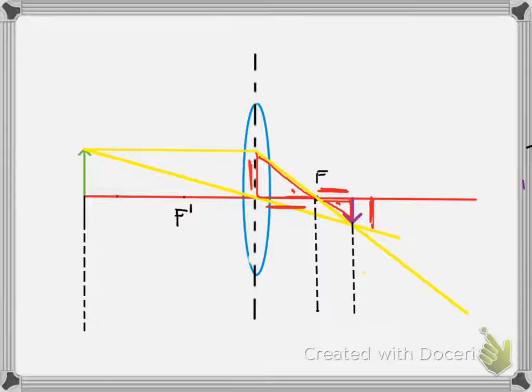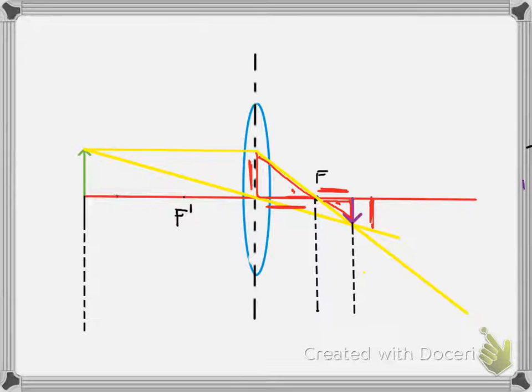So we know that the sides of those triangles are proportional, and we can use that proportionality constant to develop an equation. Now, I am not going to go through every little step in how that equation is developed.